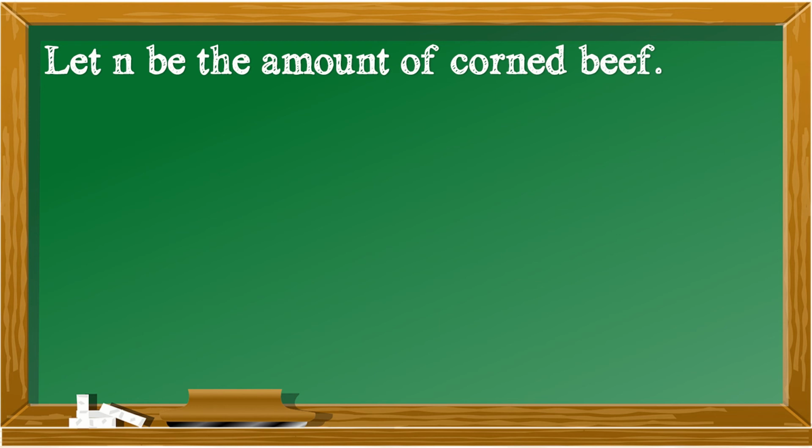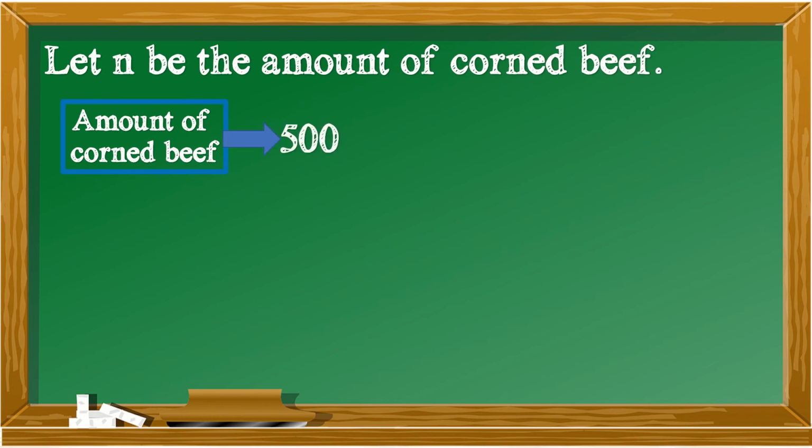Again, we will form a proportion using fraction form. We have the amount of corned beef. The first amount of corned beef mentioned is 500 grams. There is no second amount of corned beef mentioned because we are looking for that.